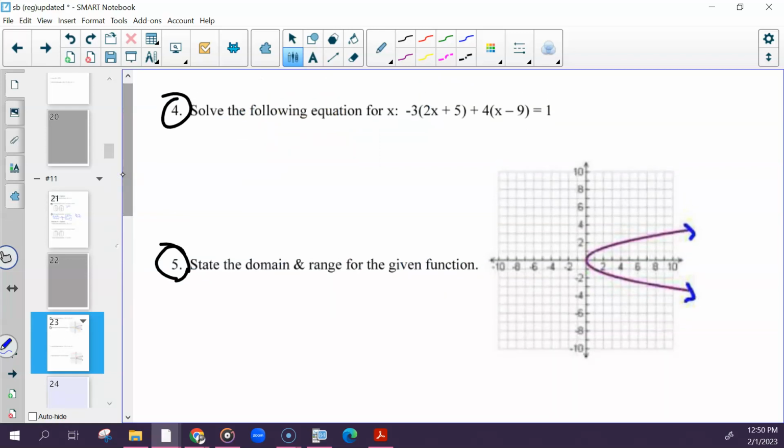Number 4, this one you did have to solve, whereas number 1 you just had to simplify. So this would be negative 6x minus 15 plus 4x minus 36. Combine your like terms. We have negative 2x minus 51. I don't know if that math is accurate.